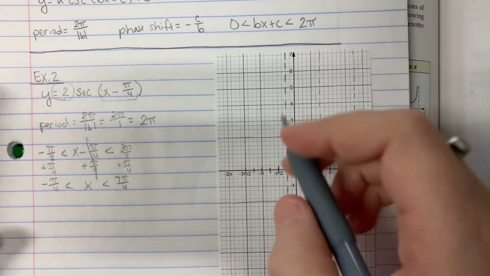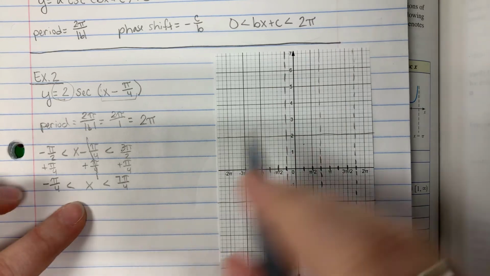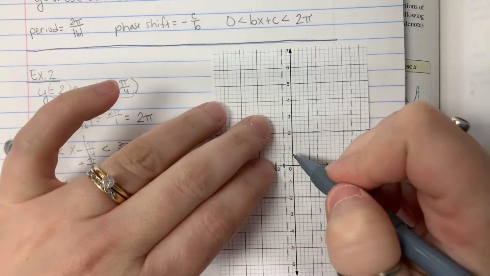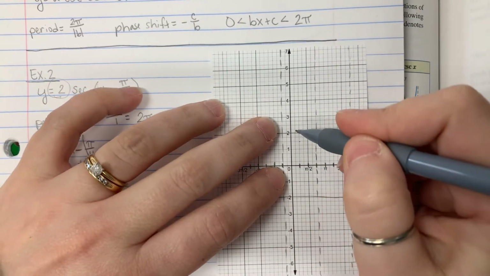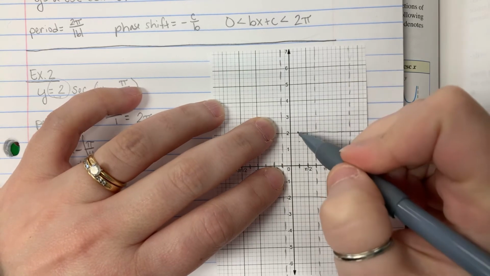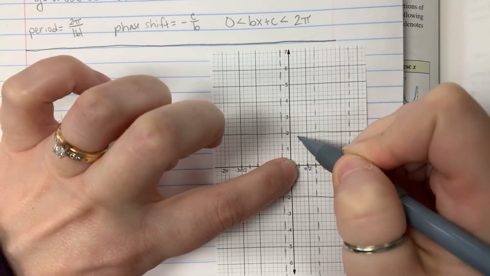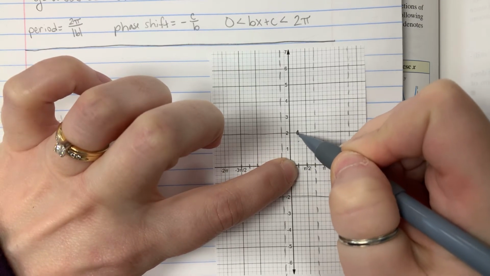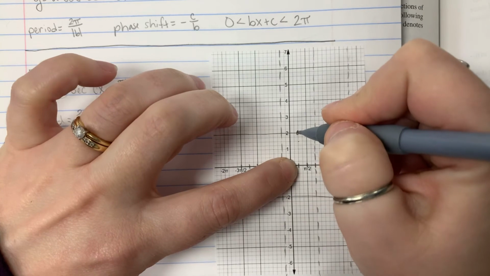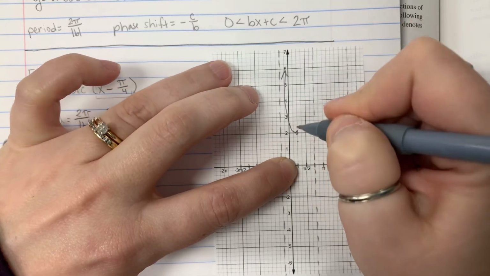In this first one, if my phase shift was a positive pi over 4, that means my first one is just shifted over a tiny bit this direction and it's going upward. So at 2, in the middle of this section, again, I'm going to find my middle, which would be right here. That's the vertex of my parabola, and it's going up this direction.